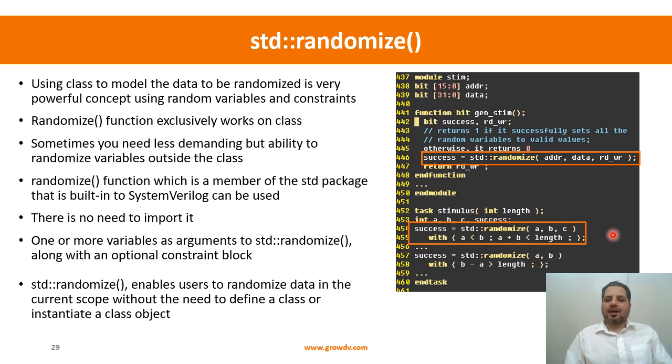So I can define a constraint block this way, and the std::randomize scope resolution function will take the constraint block into consideration, and then select random values as per the data type that we have defined, which satisfy this particular constraint block, and place them in those variables. And again it will return 1 if it is able to satisfy them, and 0 if not, similar to the way we call randomize. So when you need some local variables to be quickly randomized, you can use this function as well.